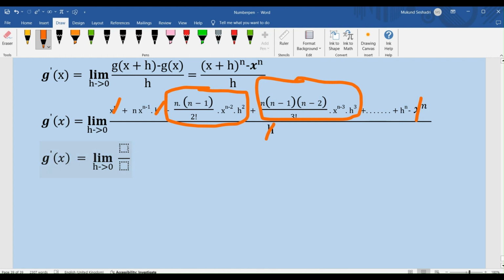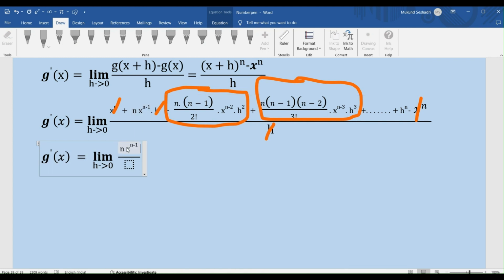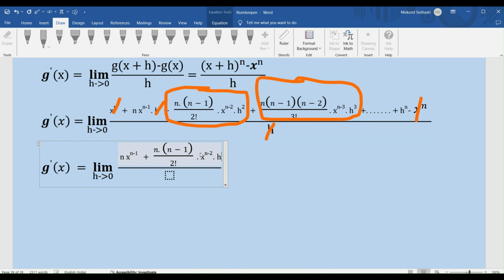And so when I write this expression, nx to the power n minus 1 becomes independent of h. All the other expressions are going to have an h with them, right? And we've got nothing in the denominator now because we would have cancelled out the h in the denominator with one h in the entire numerator, right?